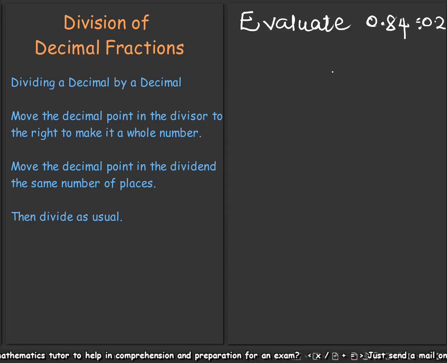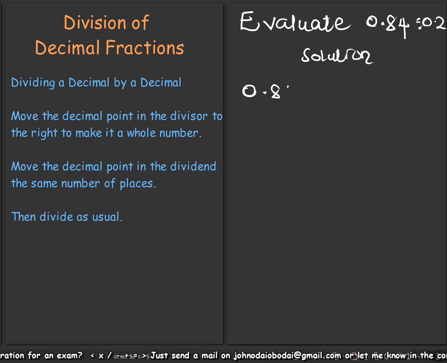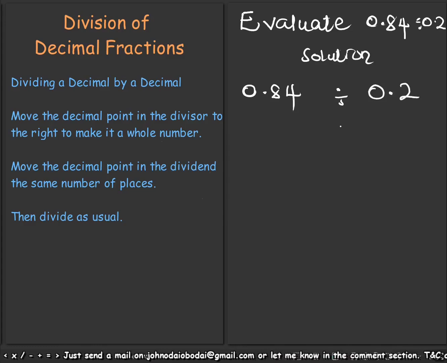So in this first example, we want to evaluate 0.84 divided by 0.2. So let's look at how our solution is going to be. That is 0.84 divided by 0.2. Now, the first instruction says you have to move the decimal point in the divisor to the right to make it a whole number.